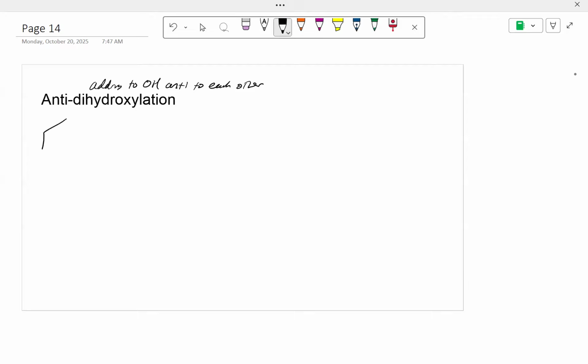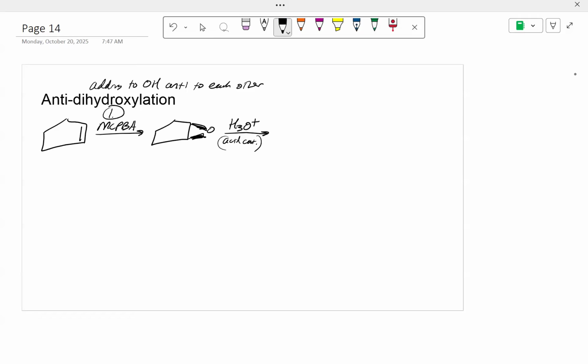So a lot of times this starts with an alkene. We'll do an epoxidation. So this will be step one. And then we add some dilute acid. So this is acid catalyzed.